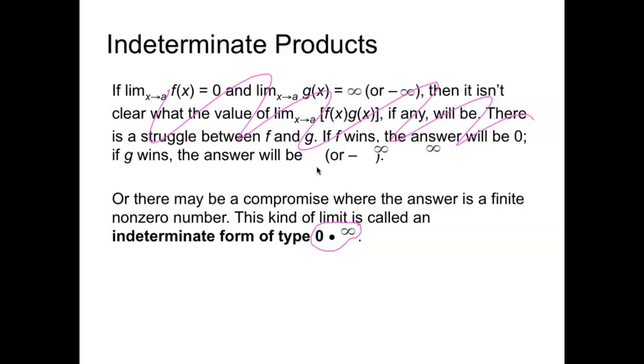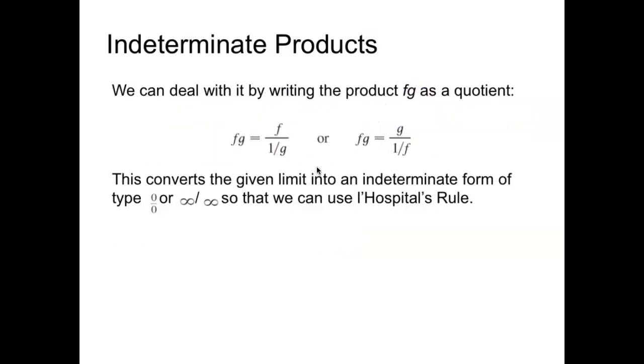We rewrite the product like this: a product f times g is equivalent to f over 1 over g, or g over 1 over f. By rewriting your product as that kind of quotient, it'll put it in one of these two types of indeterminate forms, and those are the types that we can apply L'Hopital's rule to, okay?